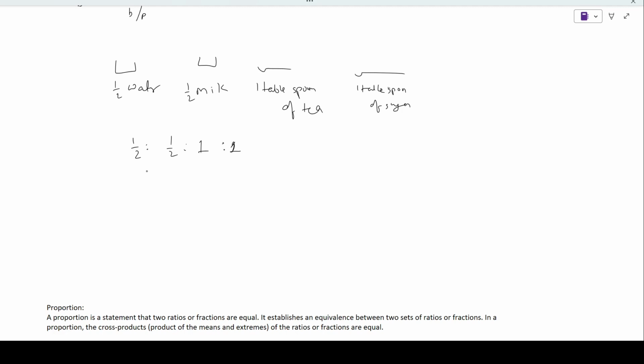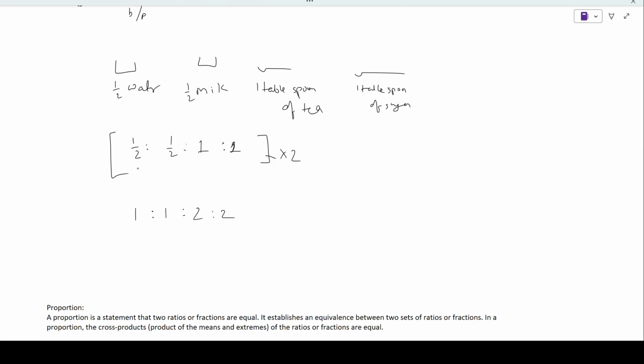So if you want to make tea for two people, we simply multiply this whole ratio by 2. We get 1 cup of water, 1 cup of milk, 2 tablespoons of tea, and 2 tablespoons of sugar. So this is how ratio works, we express the quantities relative to each other.